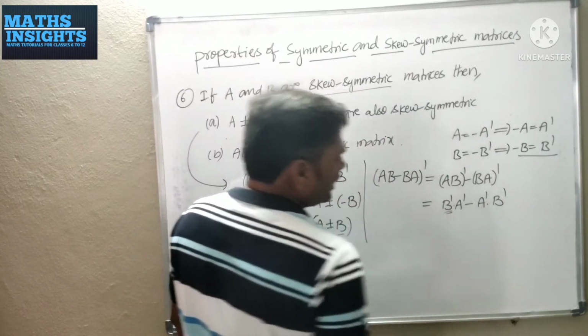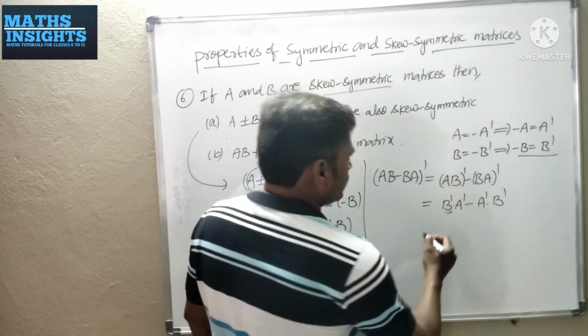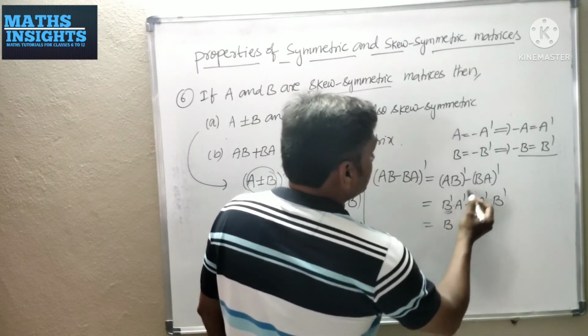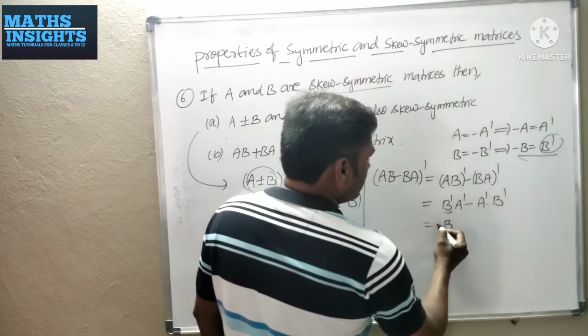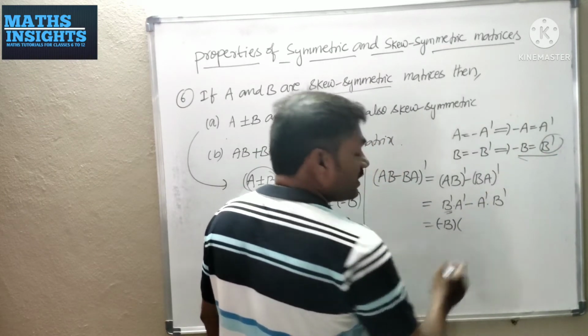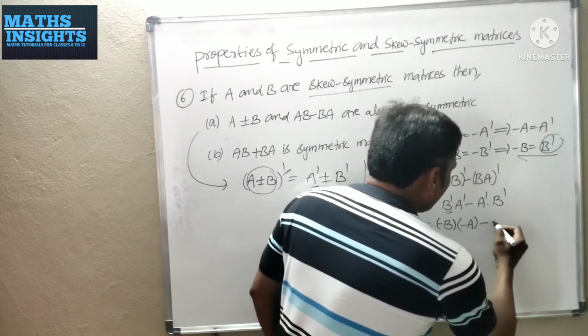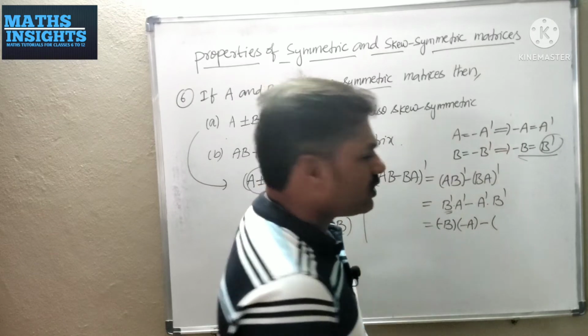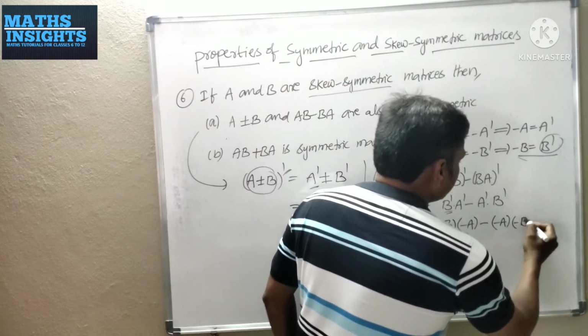See, you can write B for B' and A for A'. Therefore, for B' you can write minus B, and for A' you can write minus A. And also here, for A' you can write minus A and for B' you can write minus B.